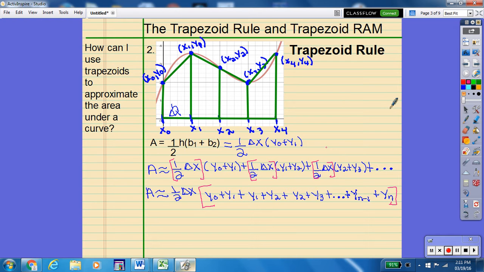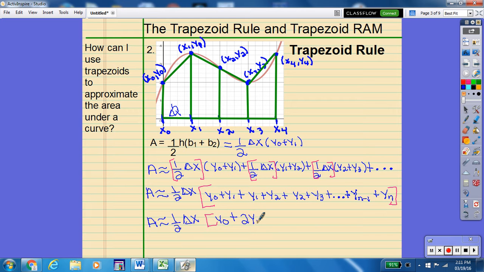So what we can do is simplify the formula even more. We can say that the area is going to be approximated by 1/2 delta x. The first base only gets used once, so we only have it by itself. But the next bases get used twice.